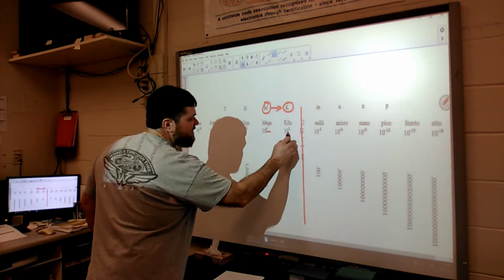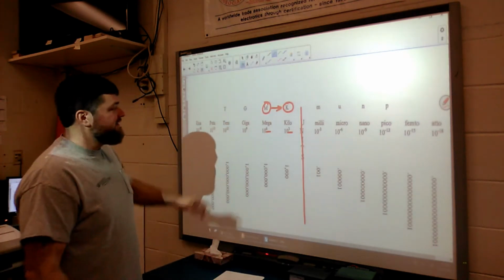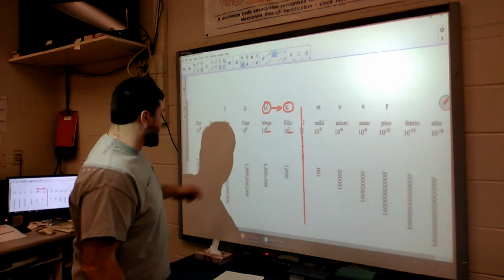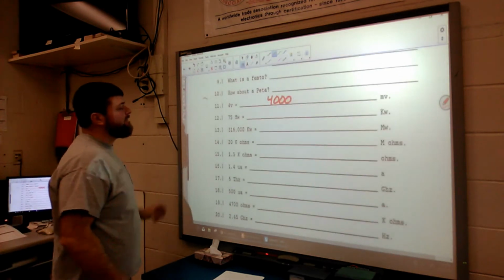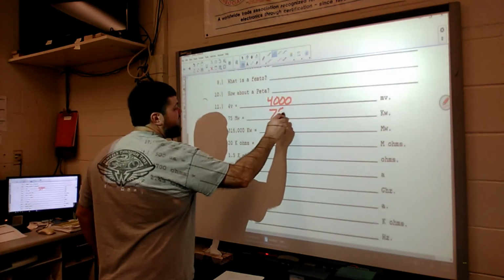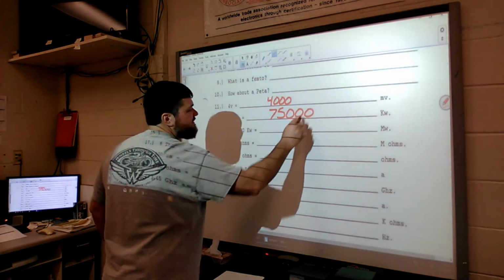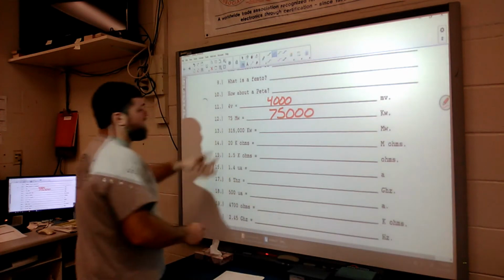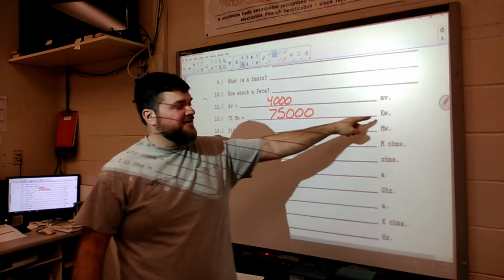Why? Because of the difference between these two numbers: what's the difference between 6 and 3? 3 places. So we need to move it 3 places to the right. Let's go back. So we have 75. Difference between those two, 1, 2, 3. There's our 3 places. So 75 megawatts is the same thing as 75,000 kilowatts.